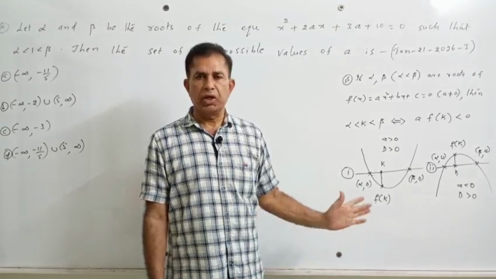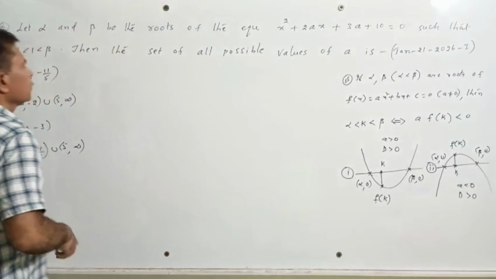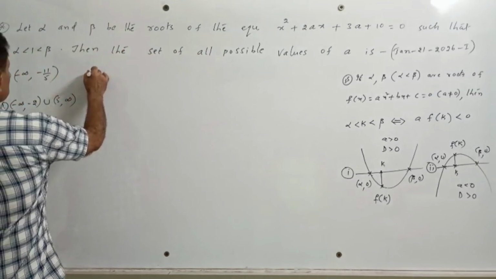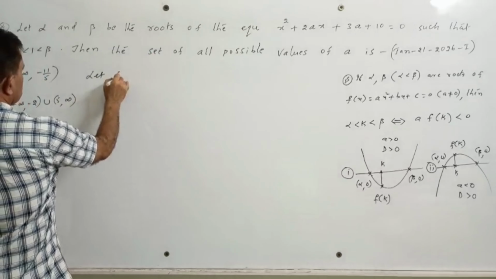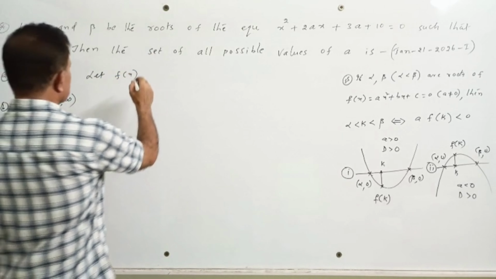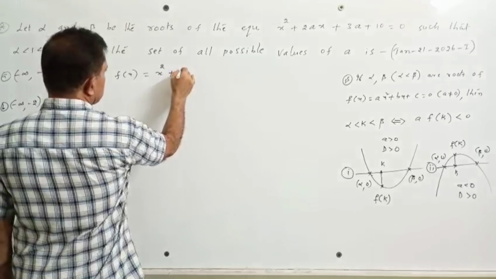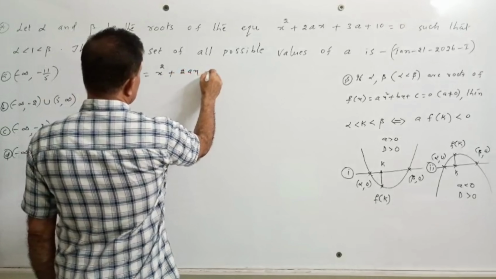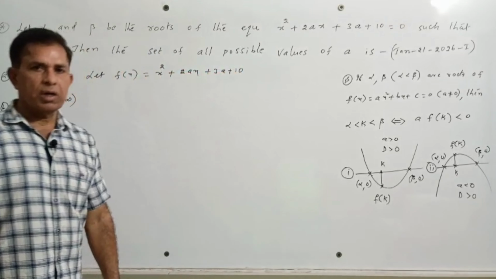So based on that theory part, let us take this numerical problem. Say the given quadratic equation, I am representing that quadratic expression with f of x. f of x represents x square plus 2ax plus 3a plus 10, that is the quadratic expression.